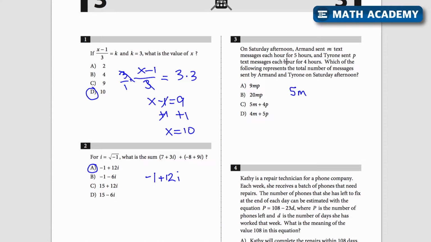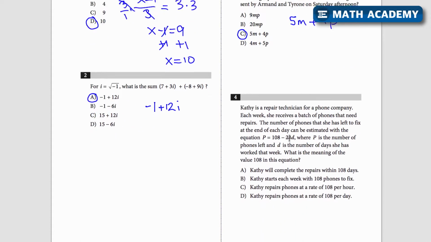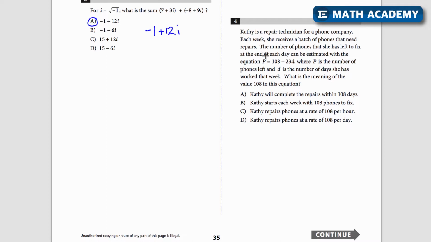And we're going to add how many Tyrone sent. Tyrone sends text messages for 4 hours, and each hour he sends P text messages, so that would be plus 4 times P. That's going to be the total number sent that day. So let's see what matches. It looks like C is our answer here, 5M plus 4P.